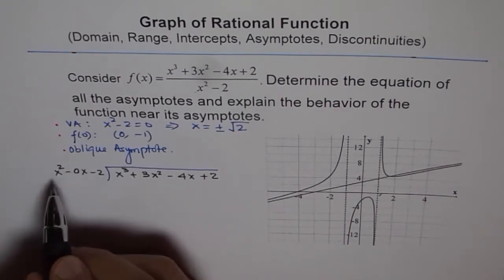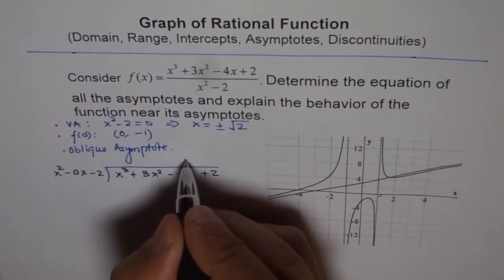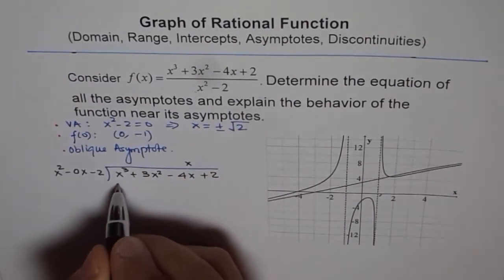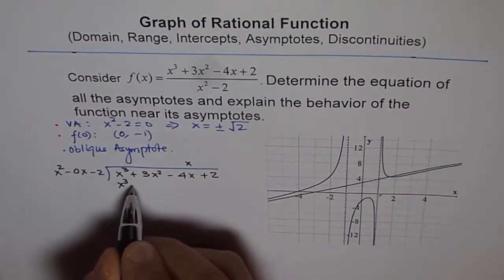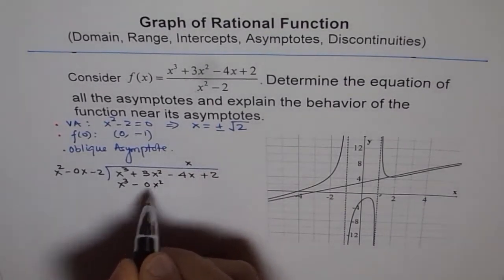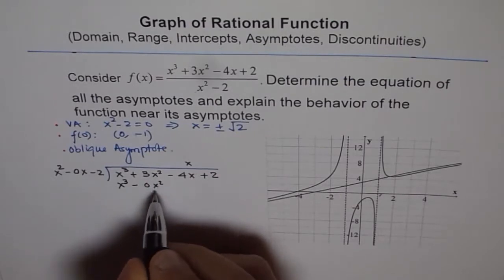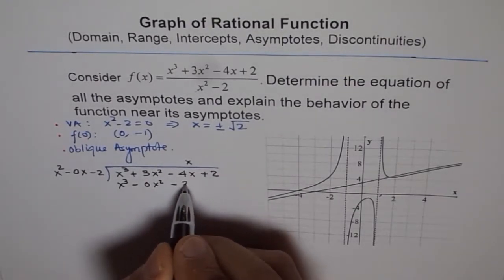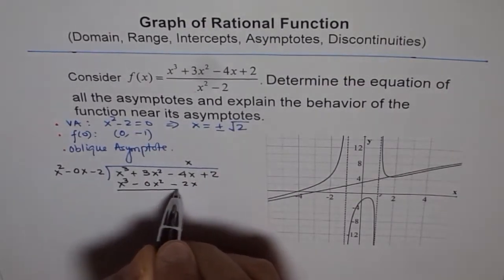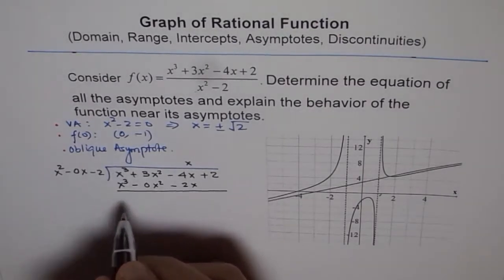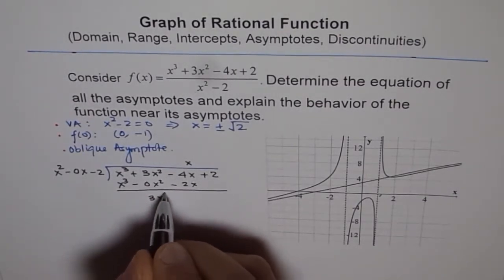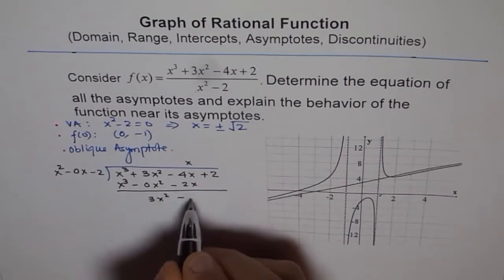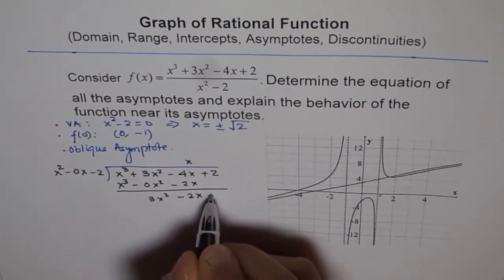Let's do it. We can multiply by x here, right? If you multiply by x, you get x cubed and minus 0x squared, minus 2x, right? I'm purposely writing it because it helps. Then when you take this out, you get 3x squared, and that gives you minus 2x plus 2.